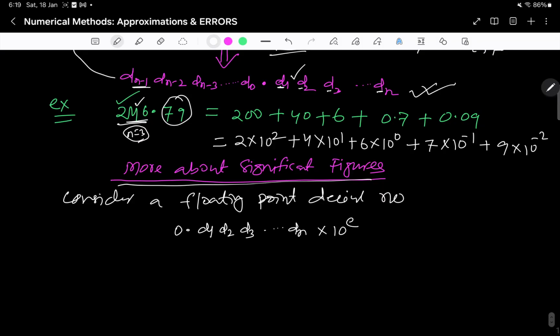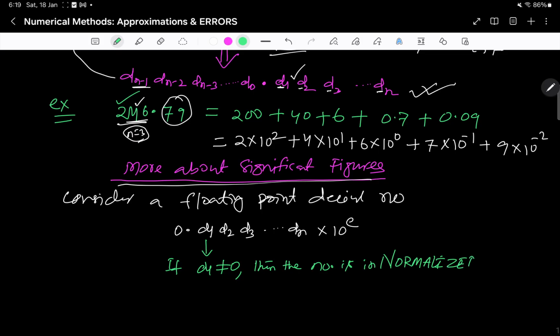Now if d1 is not equal to 0, then the number is in normalized form, okay.